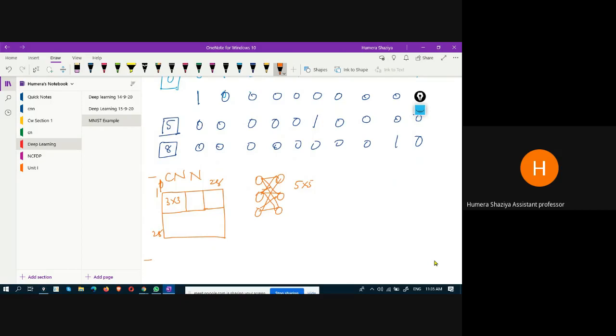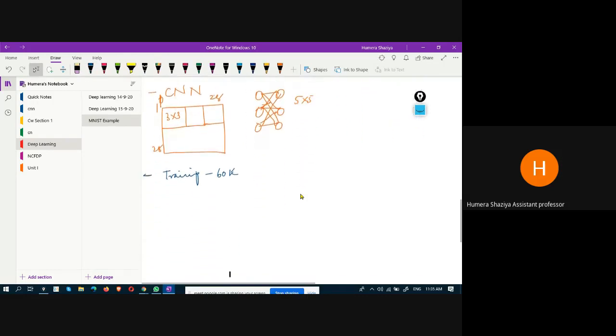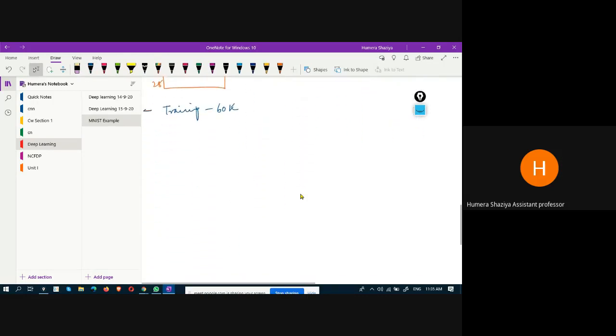Next one, training. For training, we are specifying 60,000 images, and these 60,000 images will be flattened. Flattened means what?